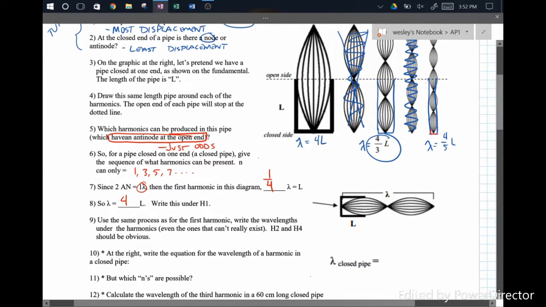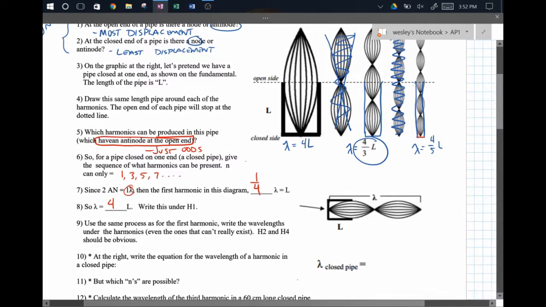Write the equation for the wavelength of a harmonic in a closed pipe. So if we look at what's going on, that's 4L over 1, 4L over 3, 4L over 5, where this is n equals 1, n equals 3, and n equals 5. So lambda for a closed pipe is going to be 4L over n.